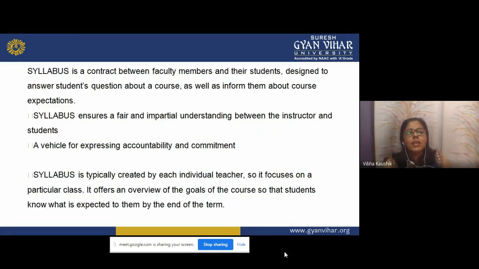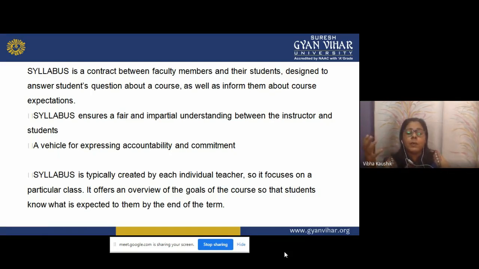Now, a syllabus is a contract between faculty members and their students. It is a contract between the teachers who are teaching that particular subject and the students who are learning that subject. It is designed to answer students' questions about the course, meaning the syllabus is created in such a way that it is able to solve the questions which arise in the mind of the learner related to that particular subject, as well as inform them about course expectations.